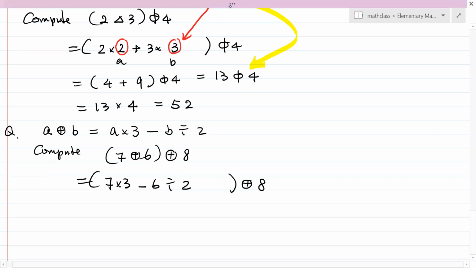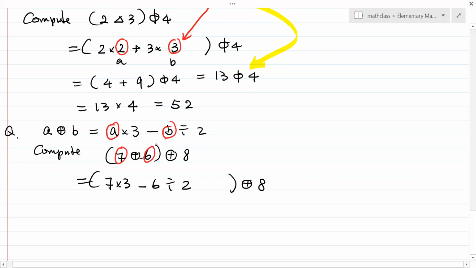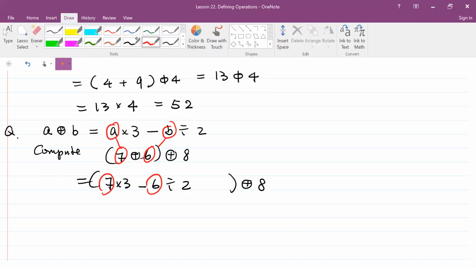So that, yeah, let me circle. So this is A, right? A should be this, and B should be this, right? So you get this number, you put this number here. Then you compute the number inside.